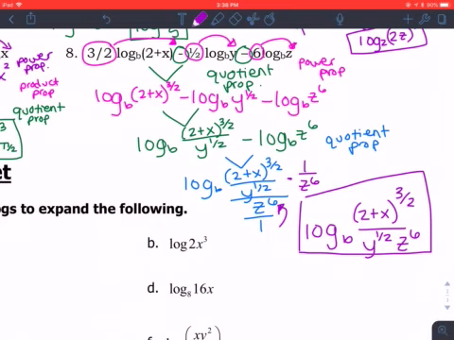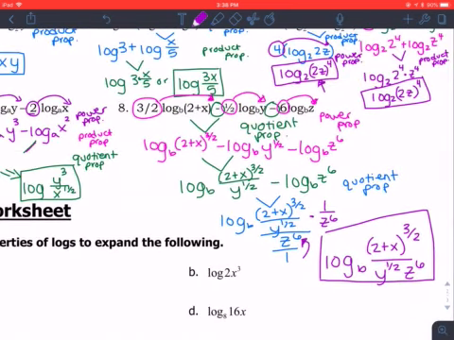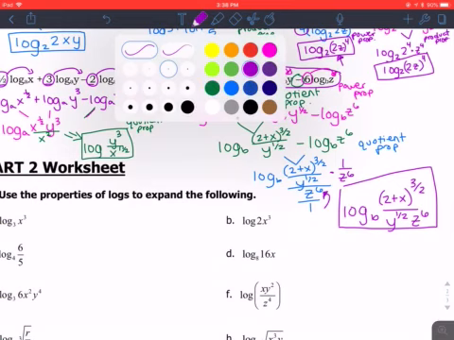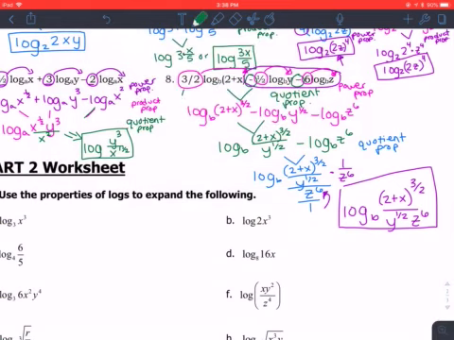Now, one thing we could have done to avoid all the fractions inside the fractions, at the very beginning, since they were both subtraction, we could actually have factored out a -1. So I could have rewritten this, and I'm going to go ahead and do this in green.